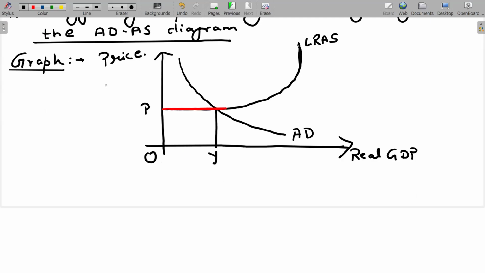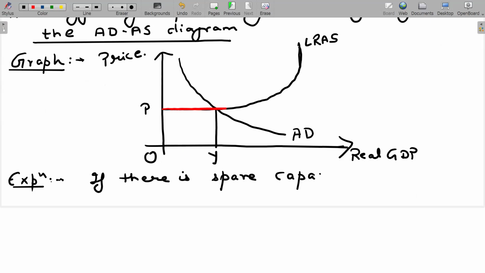So if currently we are on the spare capacity portion, I can write an explanation: if there is spare capacity in the economy, an expansionary monetary policy may result in higher national income.